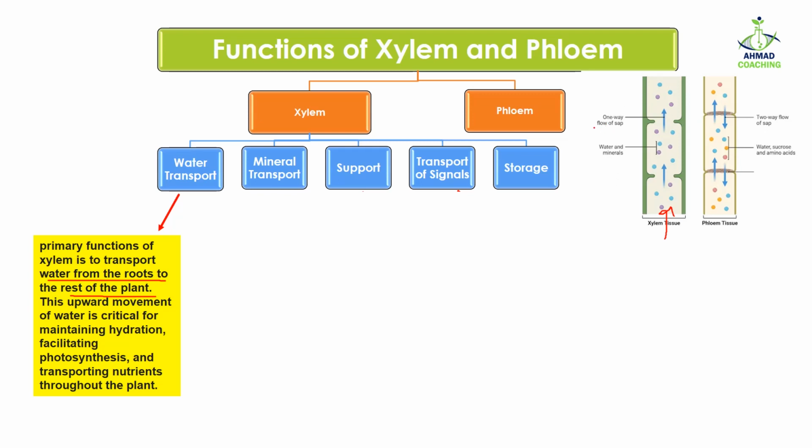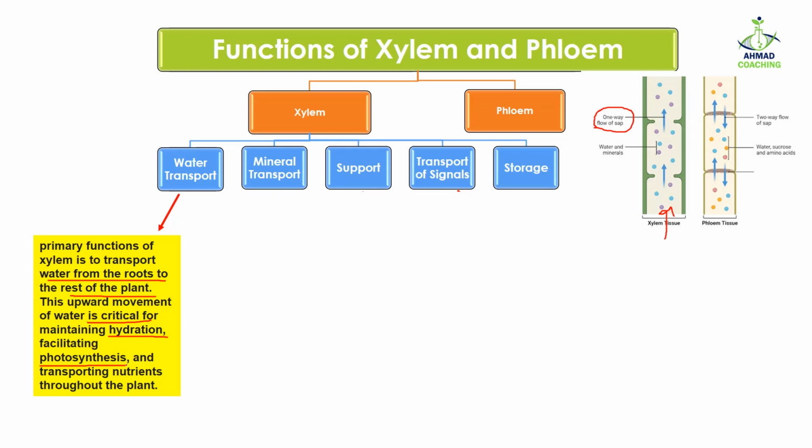One more thing is that this is a one-way flow: water moves from the lower part of the plant to the upper part. This upward movement is very important so that plants can maintain their hydration and have enough water for their metabolic reactions, as well as for photosynthesis. In photosynthesis, plants require carbon dioxide and water to make glucose and oxygen.